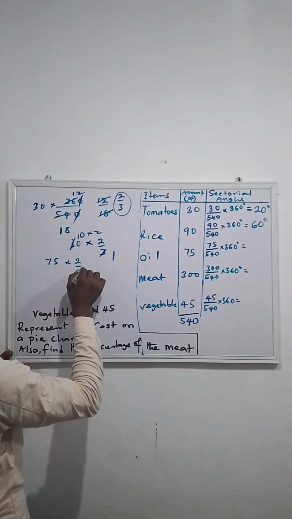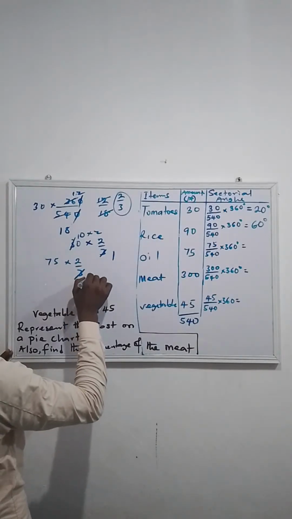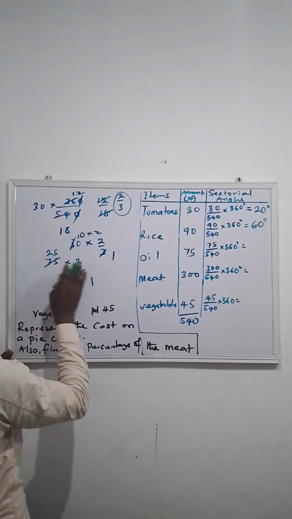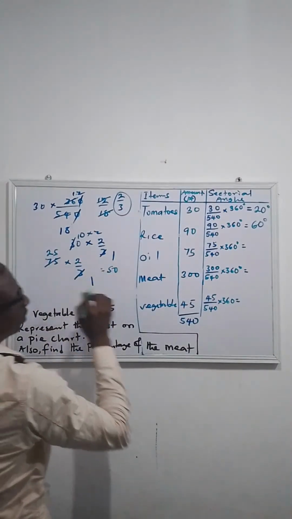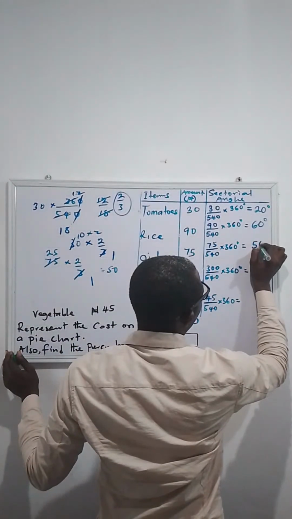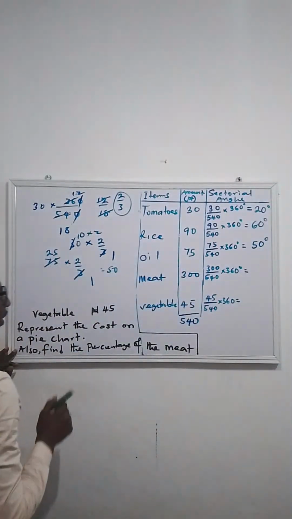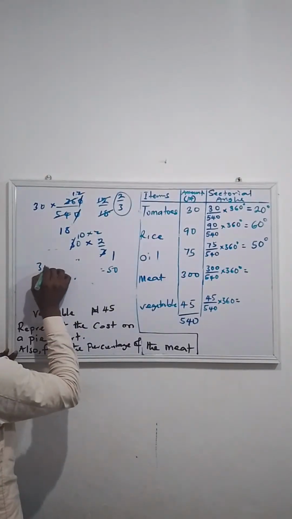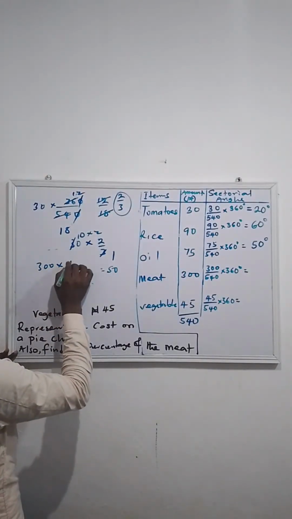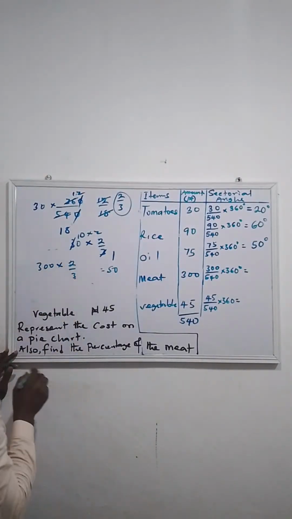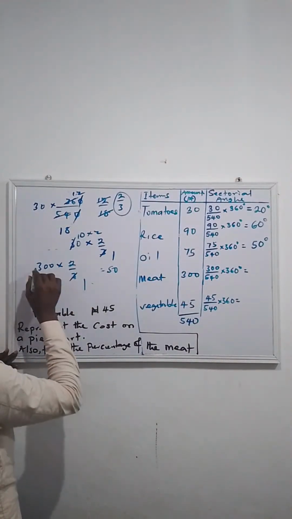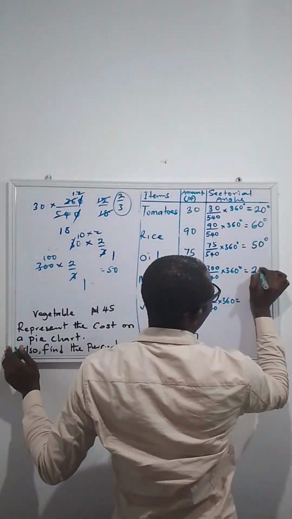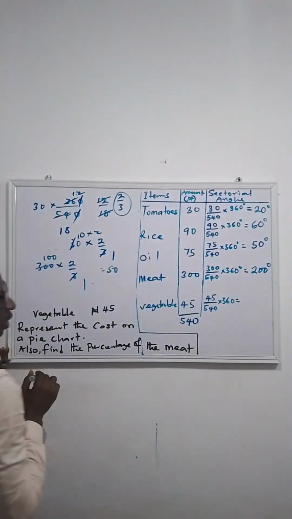Now, 3 goes in 75, that is 25. 25 times 2 gives you 50. We have this one as 50 degrees. Now let's look at the next one. So 300 times 2 over 3. 3 goes in 300, that's 100. So 100 times 2, you have 200 degrees. Now let's look at the last one.